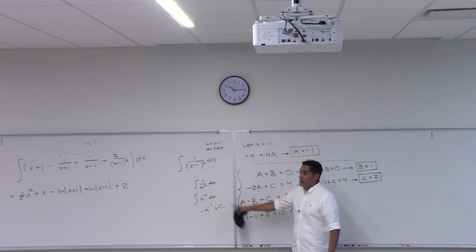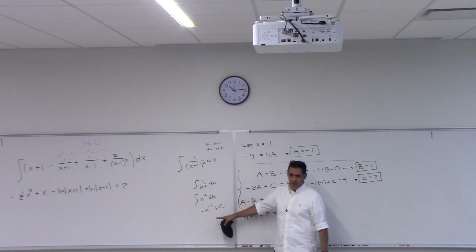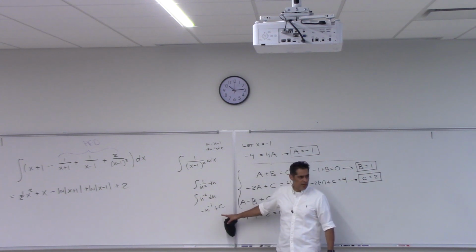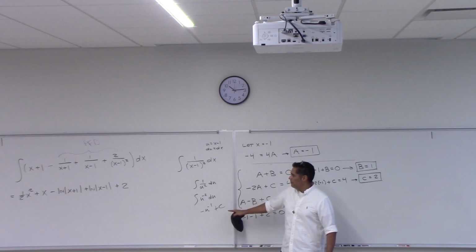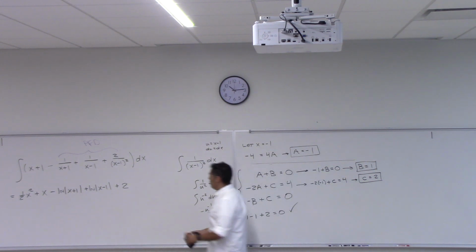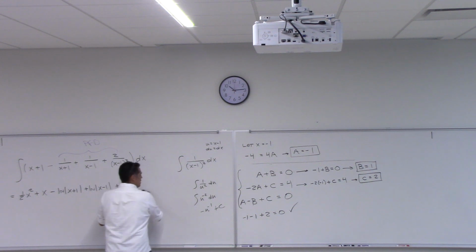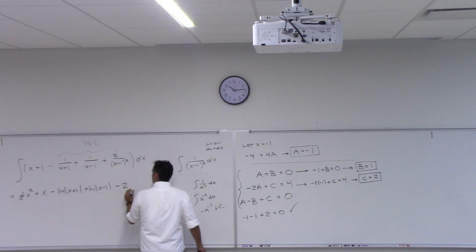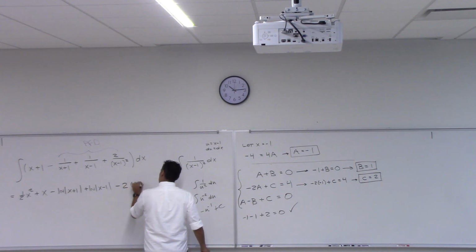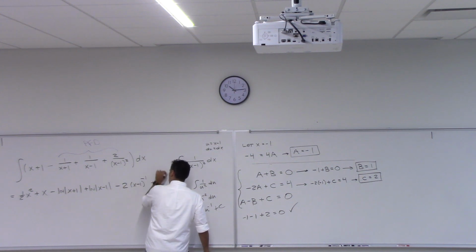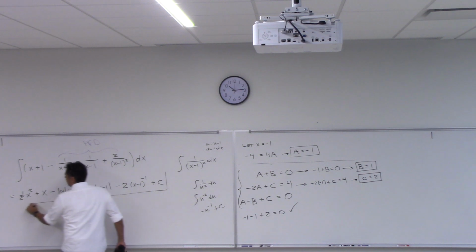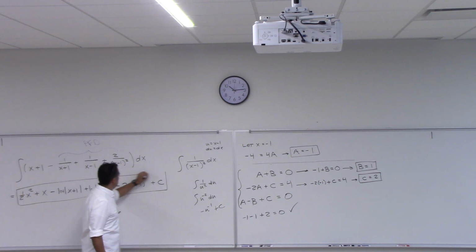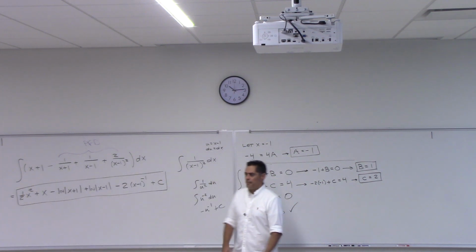So we already did all that a few classes ago. So you all understand what I'm doing at least? Yes? So on this one, my answer is going to be a negative, and then the 2 was still there, and then x minus 1 to the negative 1 plus c. Just don't put natural log, because it's not a natural log.